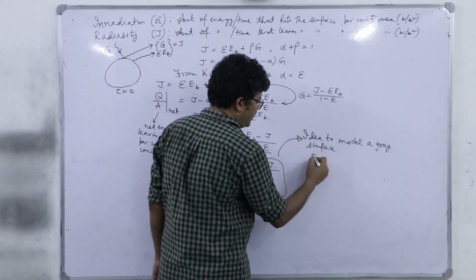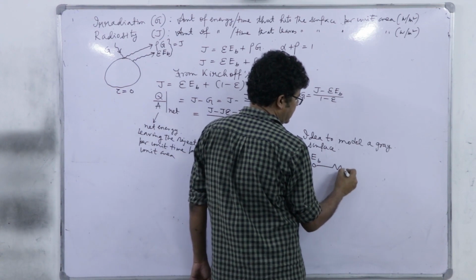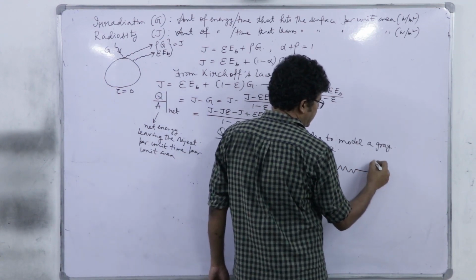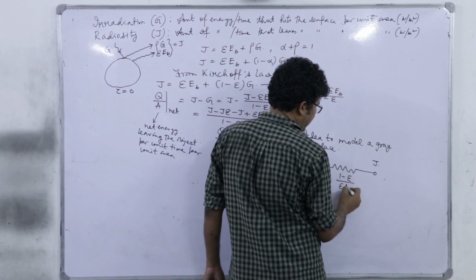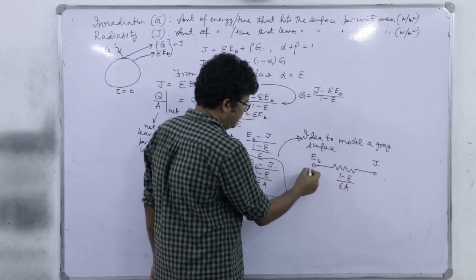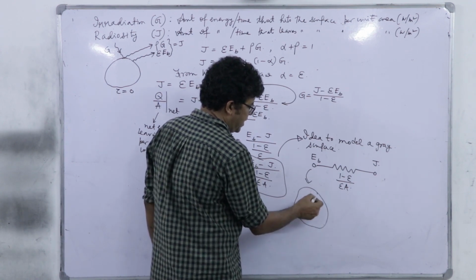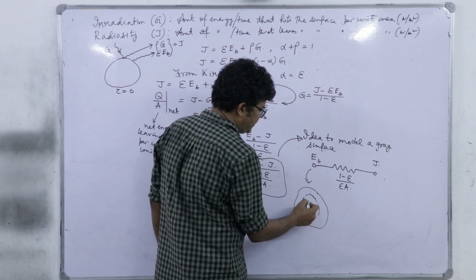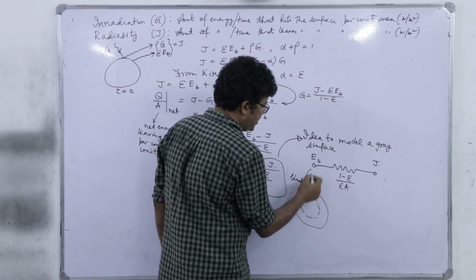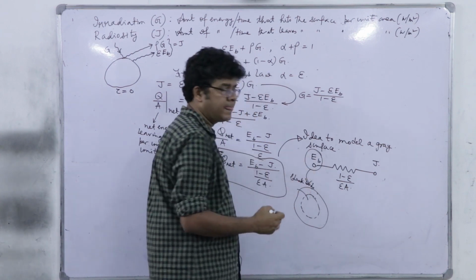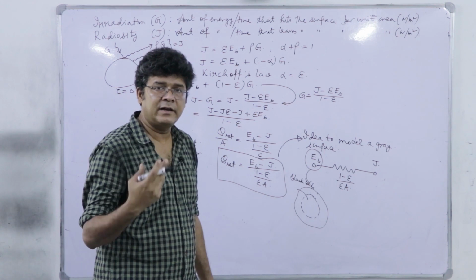We have EB, and we have J, and between them the resistance 1 minus epsilon by epsilon A. That means we can think that at the core of a gray surface there exists a black body.